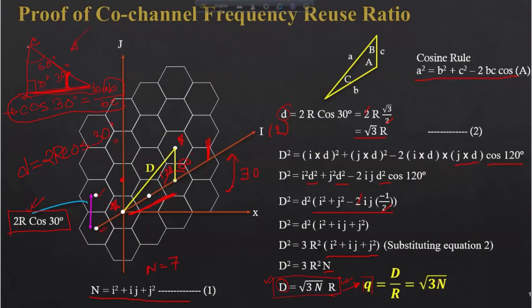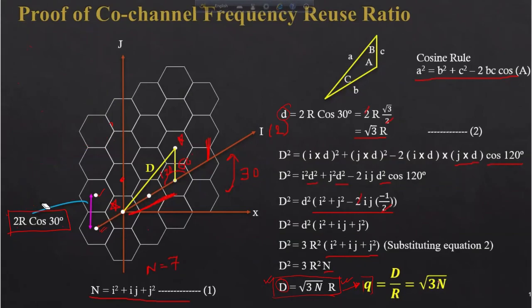We will just implement this formula and get the result. If I get time, we will do this in the last part of our class. For the time being, just consider small d is equal to 2R cos 30 degrees.